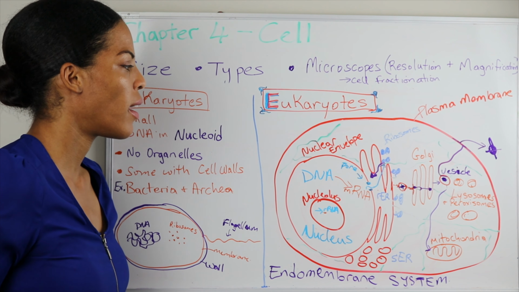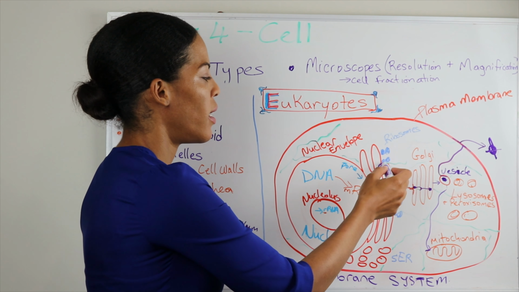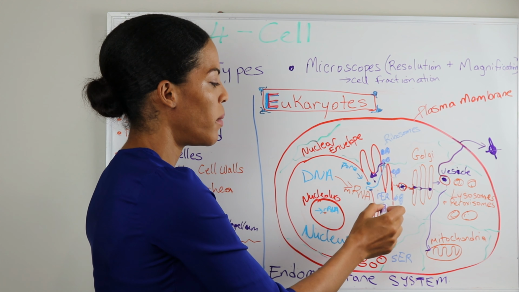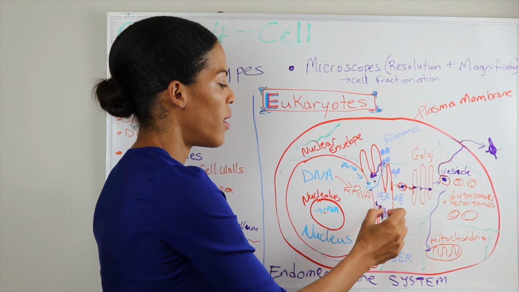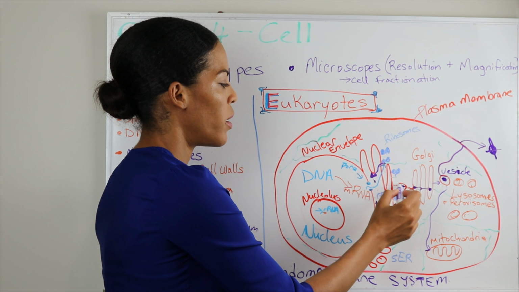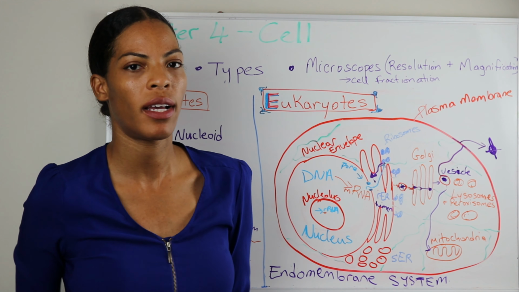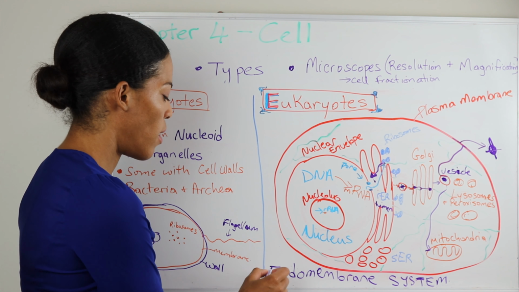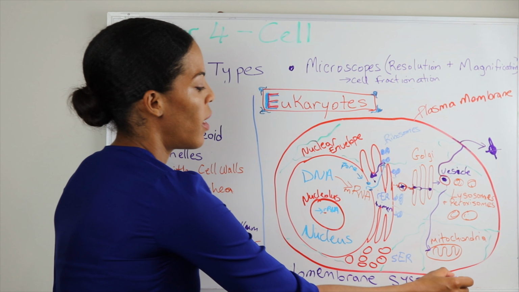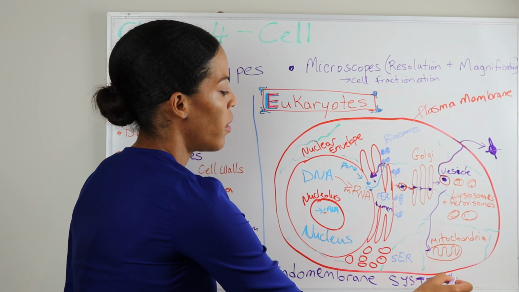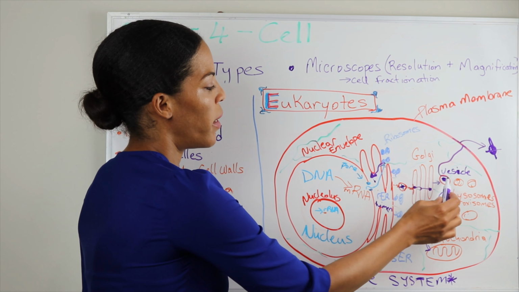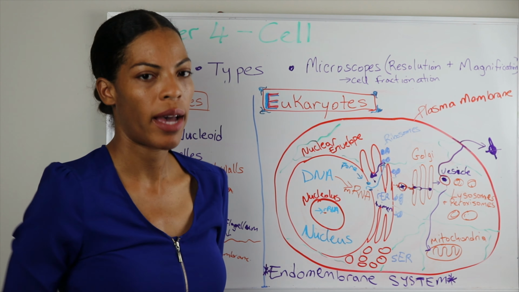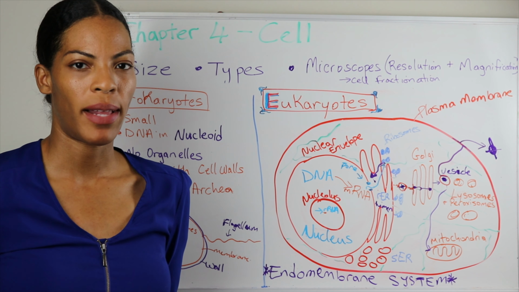So these are how proteins that are made in the rough ER get sent inside of the ER lumen, and then are transported via vesicles to different parts of the cell, including outside. That is all called the endomembrane system, how proteins and different molecules get passed from one compartment of the cell to outside or to other compartments without interacting with the cytoplasm.